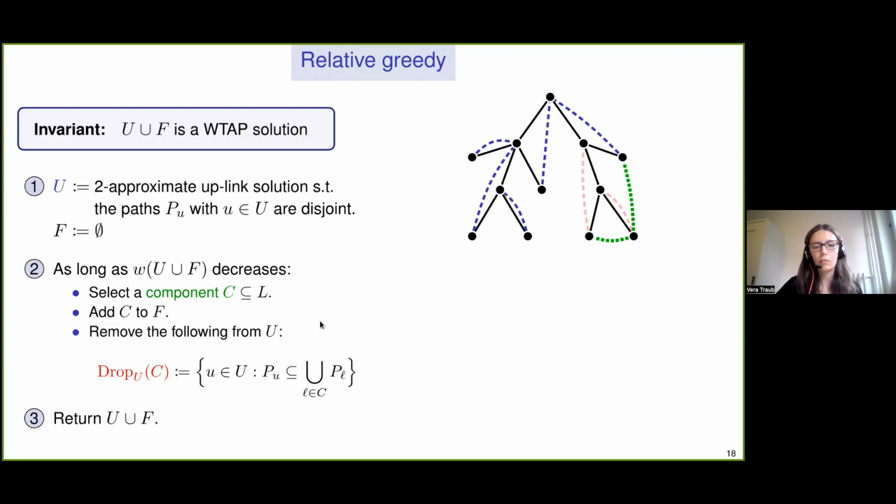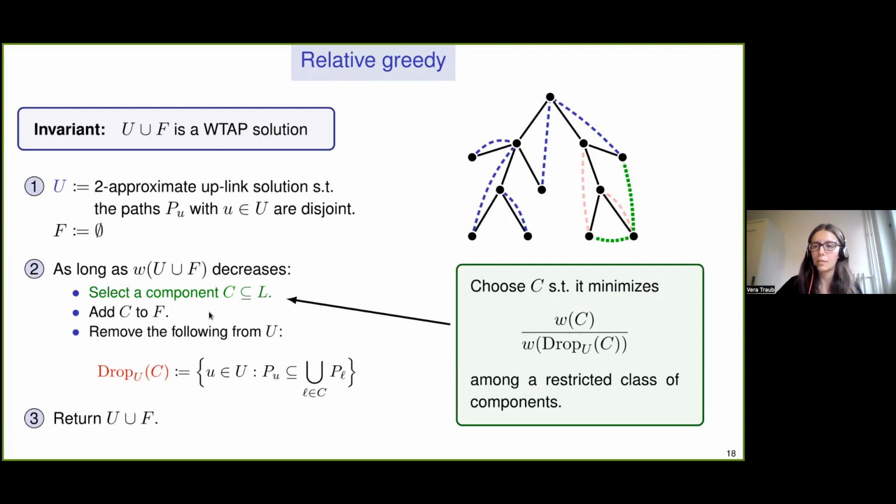Of course, one crucial question here is, how do I select this component C? How do I select this link set to add here? And the way we do this is we choose the component C such that it minimizes the ratio between the weight of my component, so the weight of what I add to my solution, divided by the weight of the drop, so the weight of what I remove from my solution.